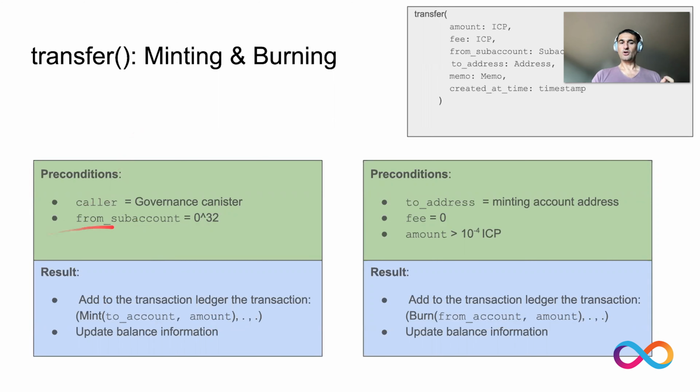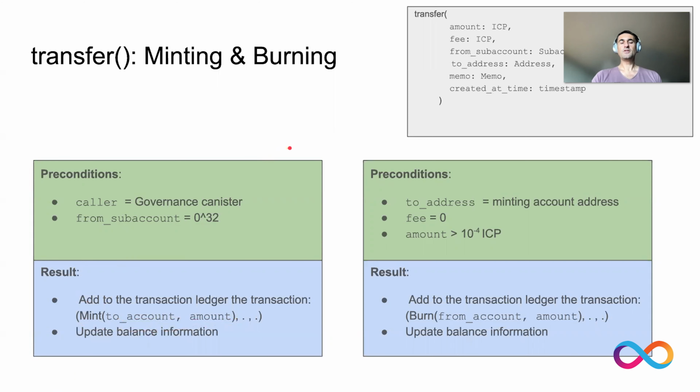That is, if the caller is the governance canister and the specified sub-account is the all-zero string, then this is the minting account. Then we interpret this, rather than as a transfer, as a minting operation. The result is that we add to the transaction ledger a block containing the operation mint and its associated parameters, and we update the balance information accordingly.